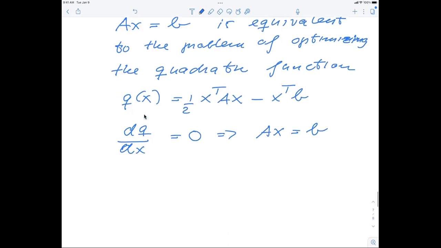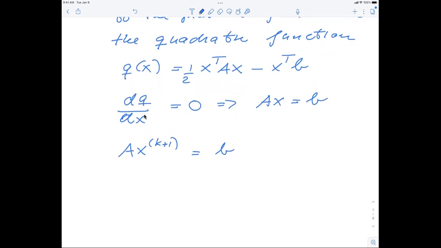So what we are going to suggest now is an iterative scheme where we have a vector x of k plus 1, and where we started with an iterative scheme, and then we arrive at the final solution x of k plus 1. So x of 0 is a kind of starting guess, is a start. And then we would iterate towards the final value x of k plus 1.